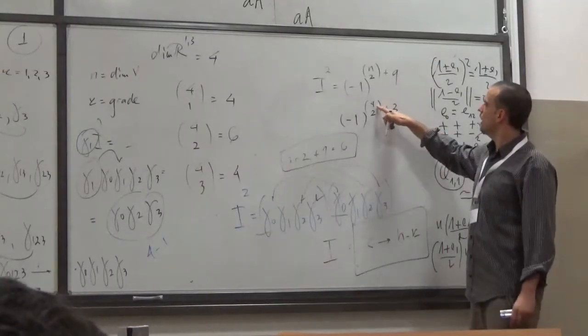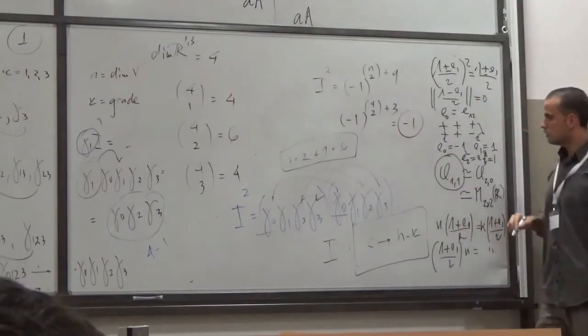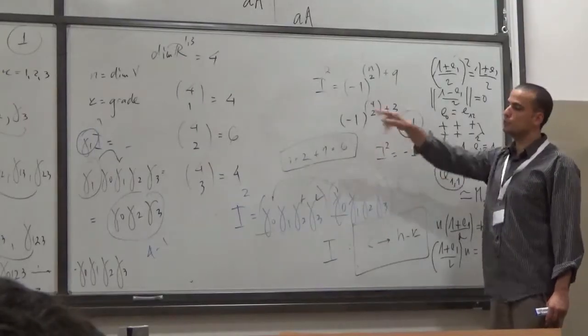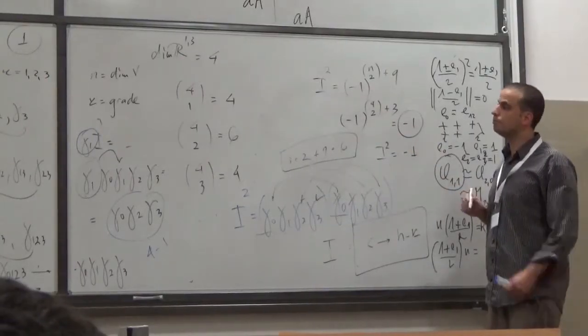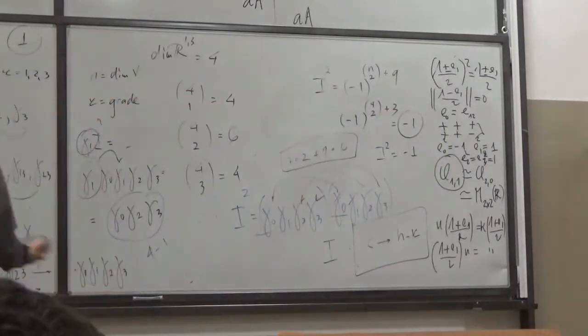So you have 6 plus 3 equals 9, which is minus 1. Okay? So you have I squared equals minus 1, and it commutes with everything. So again, you have something like the imaginary unit.